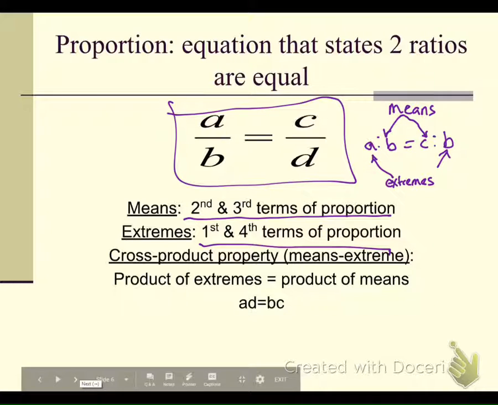And then if that was the case, I would write it in terms of B and C, and here A and D. Okay, and then our last part on here is the cross product property, which is mean extreme. And the product of the extremes equals the product of the means. So it's AD equals BC, and you see that this is just cross multiplying.